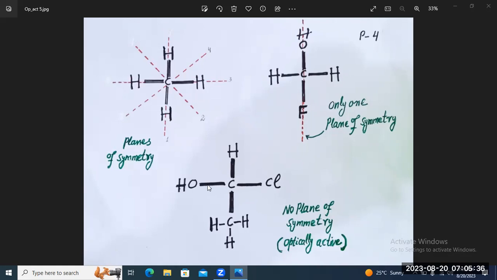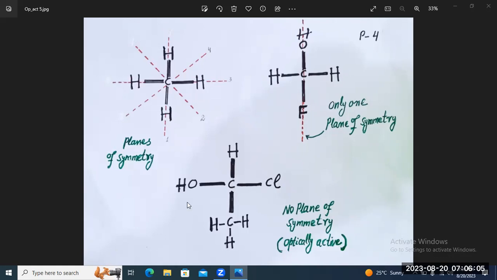So the 4 bonds of the carbon have different atoms and groups. The carbon in the center would be chiral carbon or asymmetric carbon. So you can cut this molecule from here to here.